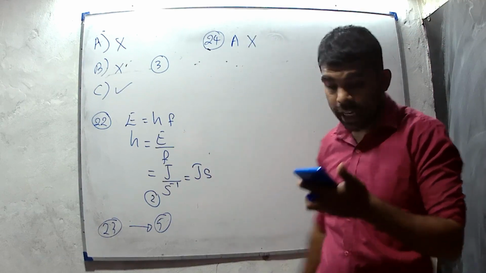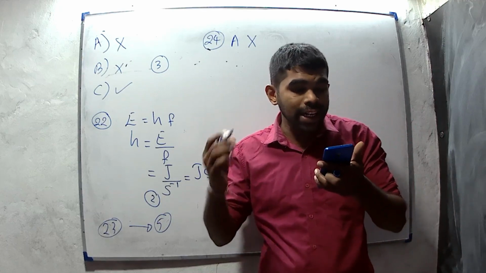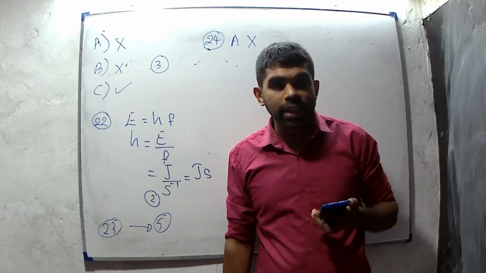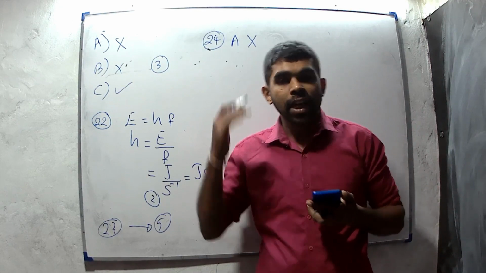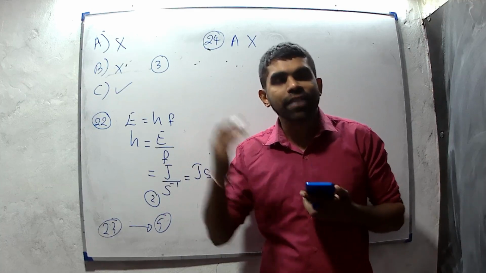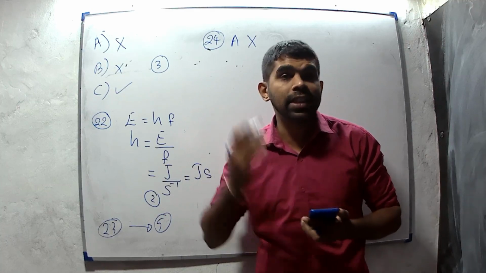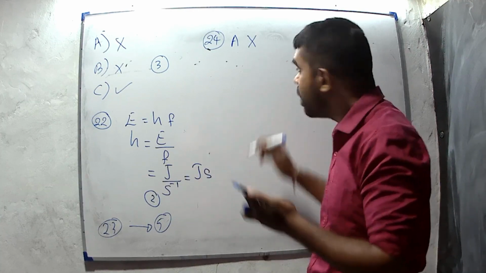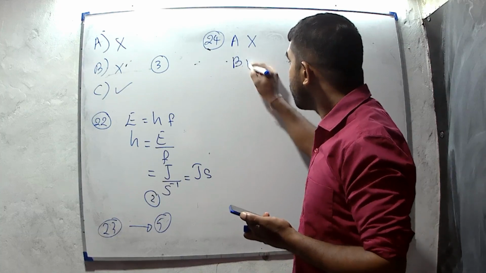Therefore, it is incorrect. We have to select dimensionless quantities. Then B. Relative density. We know that relative density is density of material divided by density of water. Then there is a ratio between two densities. There are no units and dimensions. Therefore, it is a dimensionless physical quantity.